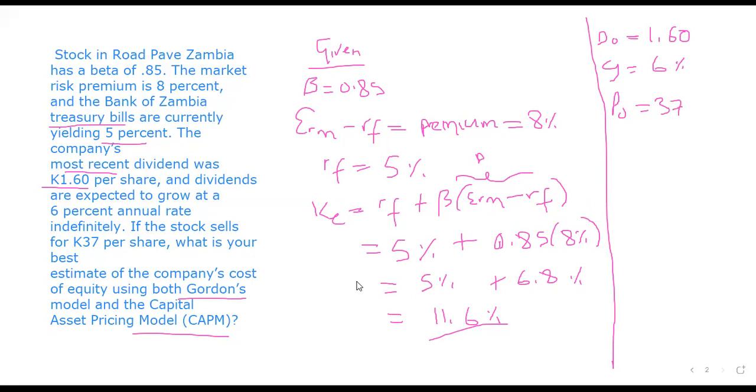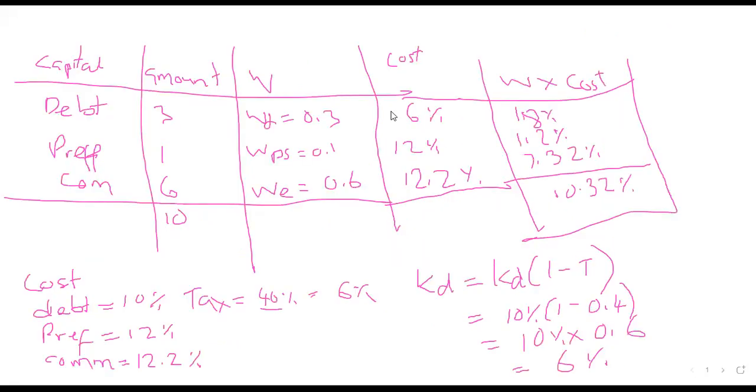So what is the formula for Gordon's model? The cost of equity. But just from looking at it, what is the formula? Anyone else? Gordon's model. I showed you Gordon's model just recently.